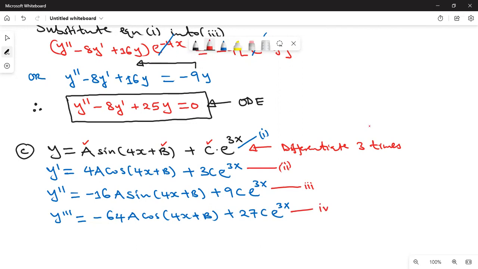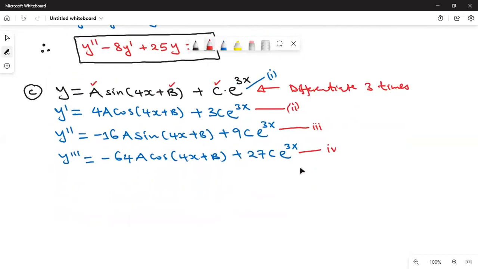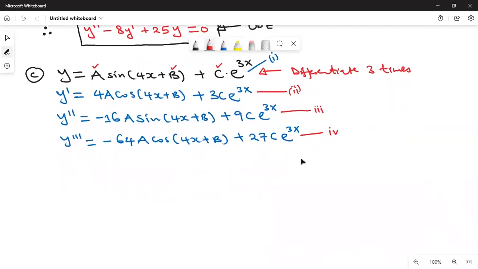Now, how do we manipulate them? I want to get rid of A, B, and C. Let's start by getting rid of A and B. You see, A and B are combined in the sine or cosine functions. So look at equation Roman 1. From here, we know A sine of 4x plus B. Now, you can also find A sine of 4x plus B here.